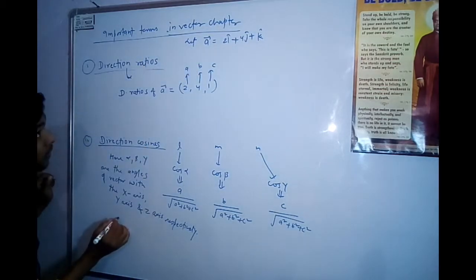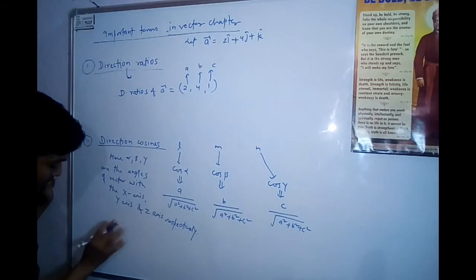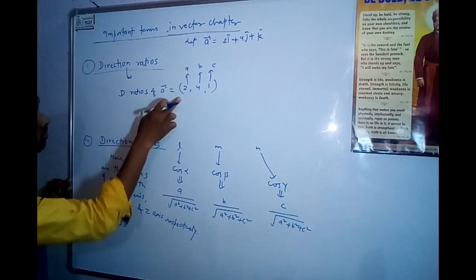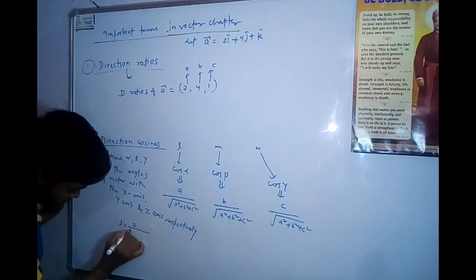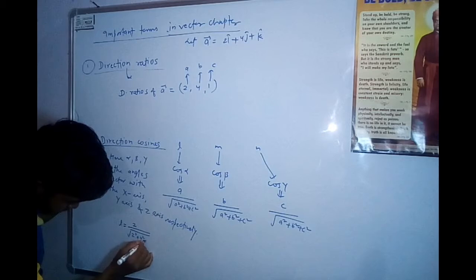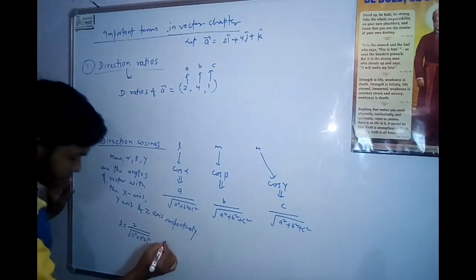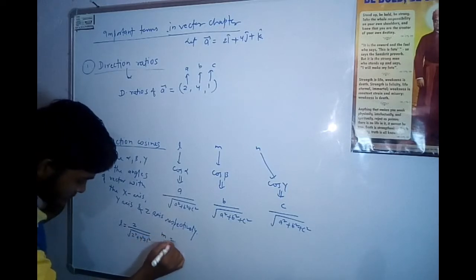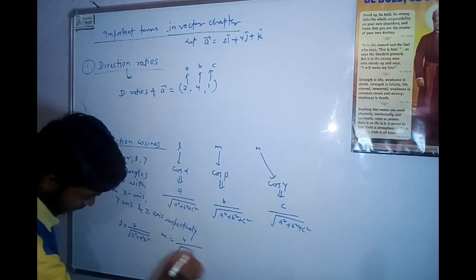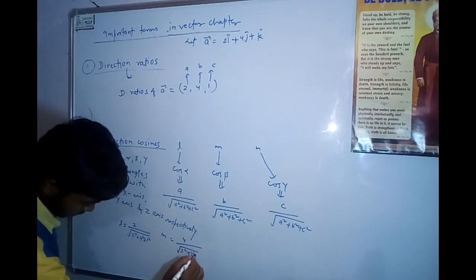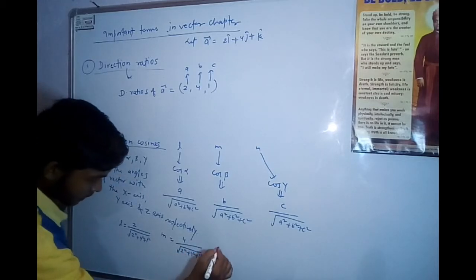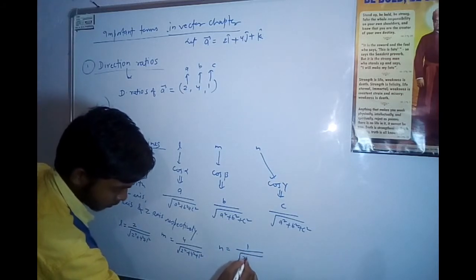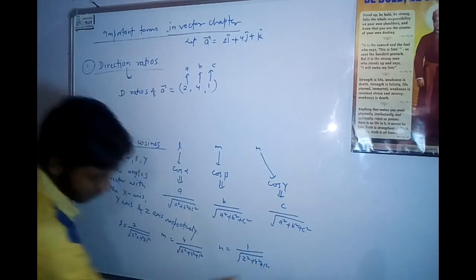So how to calculate? Let's say cos alpha, that is l. l equal to a, a is how much? 2. 2 by root under 2 square plus 4 square plus 1 square. m equal to 4 by root under 2 square plus 4 square plus 1 square. n equal to 1 by root under 2 square plus 4 square plus 1 square.